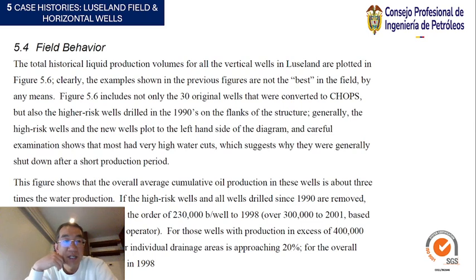Generally, the high-risk wells and the new wells plot to the left-hand side of the diagram, and careful examination shows that most had very high water cuts, which suggests why they were generally shut down after a short production period.